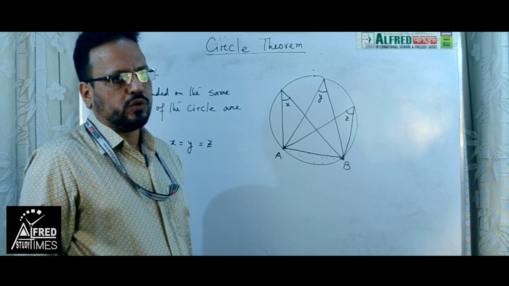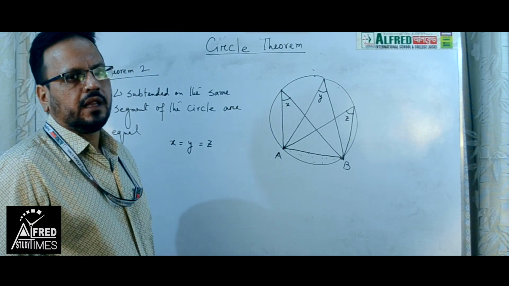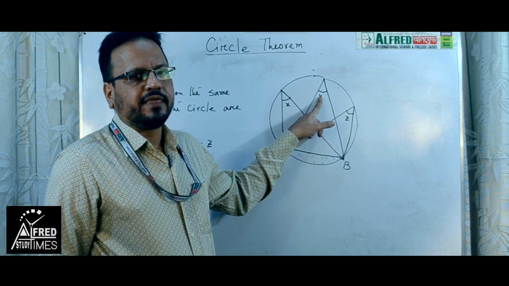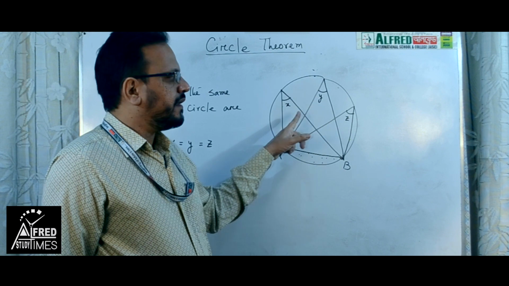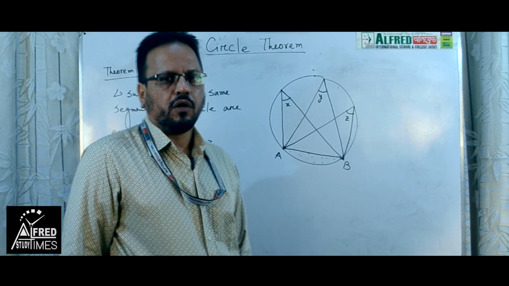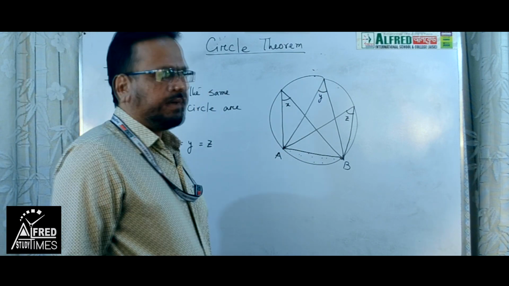This is theorem number 2. Angle on the same segment of the circle are equal. Suppose the value of this Y is given 30 degree. Then the value of X will be 30 degree and the value of Z will also be 30 degree. Theorem number 2. I hope it's clear.